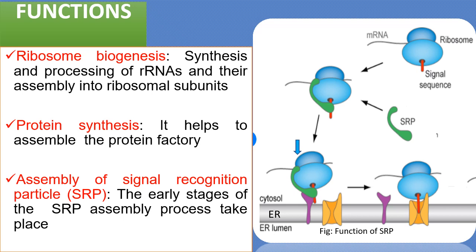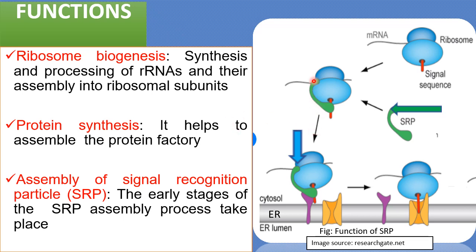In the case of mammals, the assembly of signal recognition particles takes place within the nucleolus. The main function of the signal recognition particle is that it acts as an escort to bring the ribosome subunit into the endoplasmic reticulum membrane.